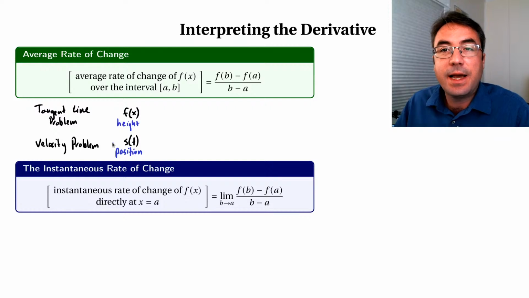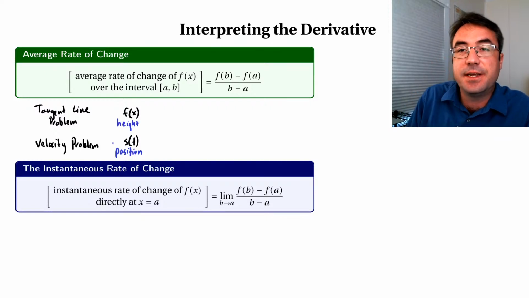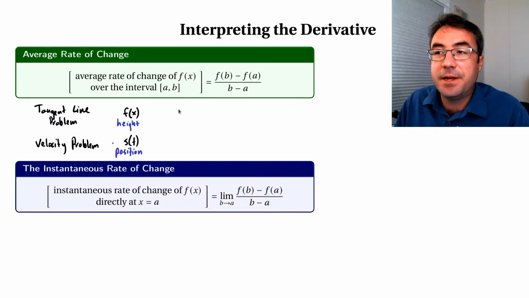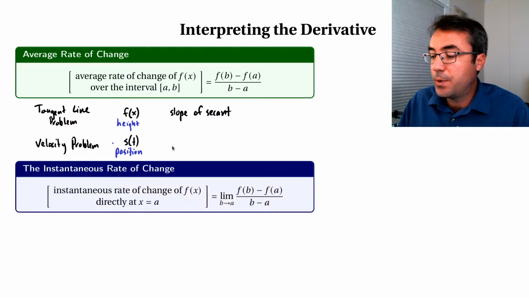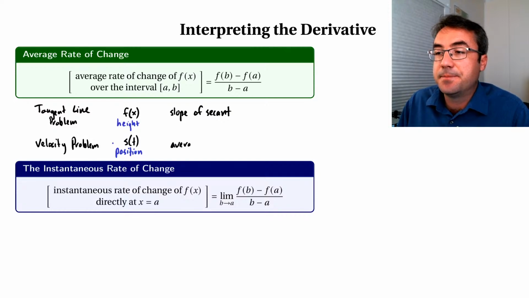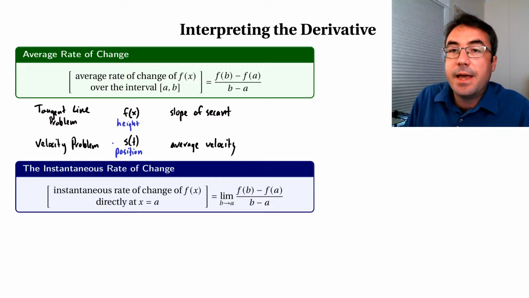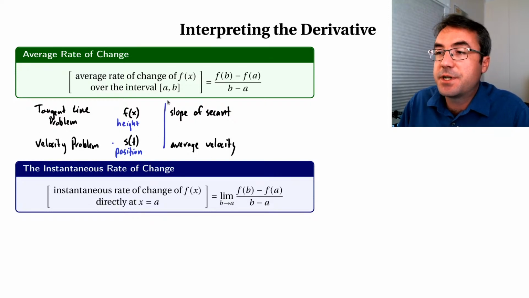And how we got to the slope of the tangent line, or to the instantaneous velocity, the first thing we did is we calculated, in the case of the tangent line problem, the slope of the secant line. And for our velocity problem, we calculated the average velocity. And that's what we're seeing with this first gadget that we're defining.